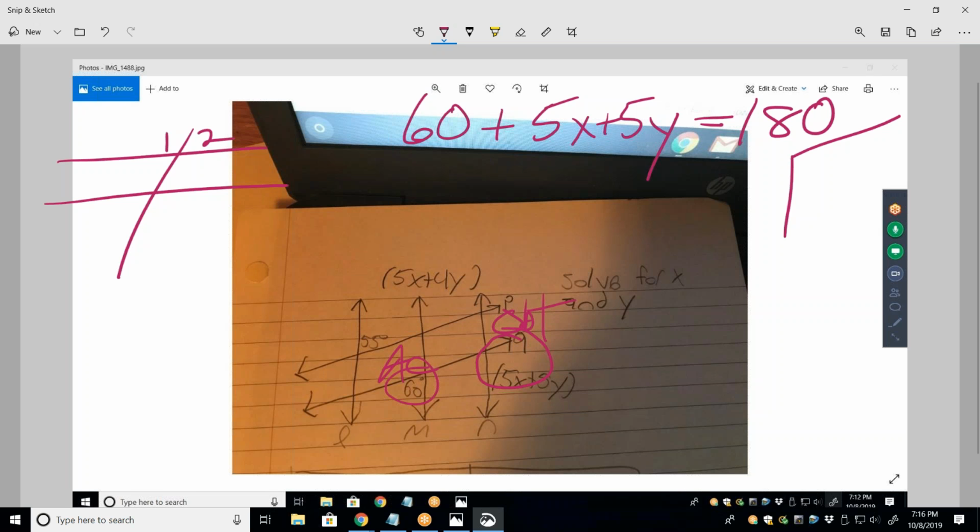Proofs are not really real geometry, in my opinion. They're a different subject matter. But when you get into real geometry, it's all about translating the picture into an equation. This one says that the acute angle plus the obtuse angle is equal to 180.